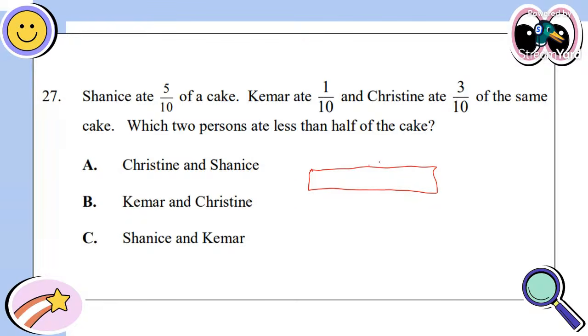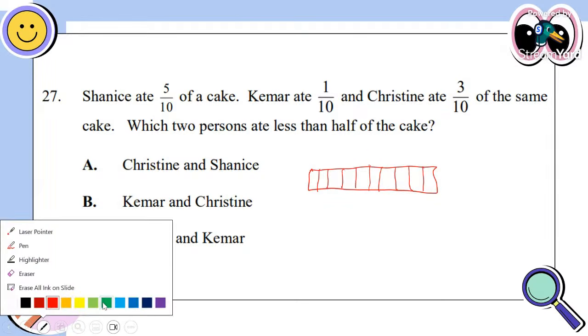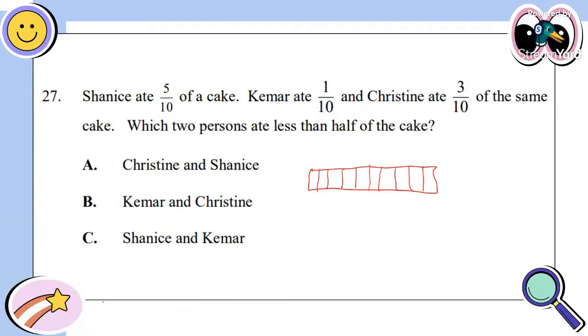And it says that Shanice ate 5/10 of this cake. All right, so these are 10 equal parts. And it says here that Shanice ate 5/10. So I'm going to shade Shanice's 5/10 in green.